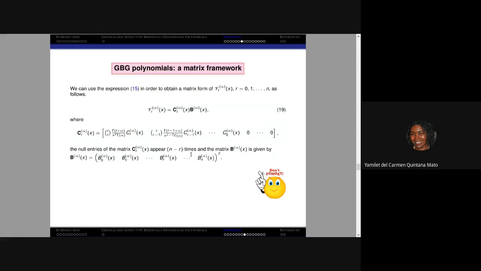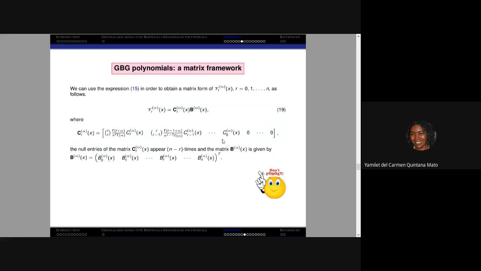In the matrix framework, in the matrix context, we can use the expression 15 in order to obtain a matrix form of the GBG polynomial of degree r, for r from 2 to n.